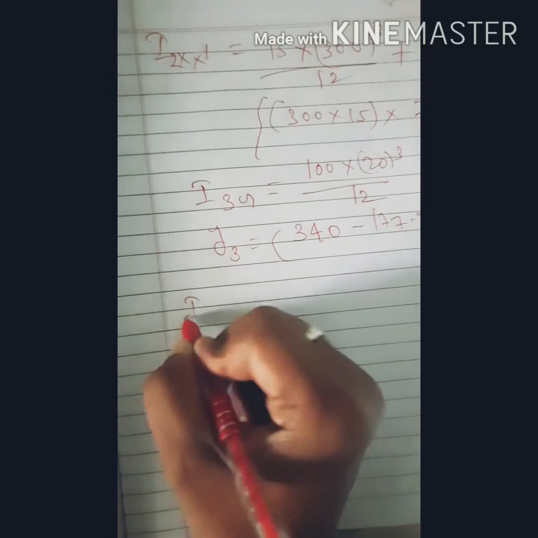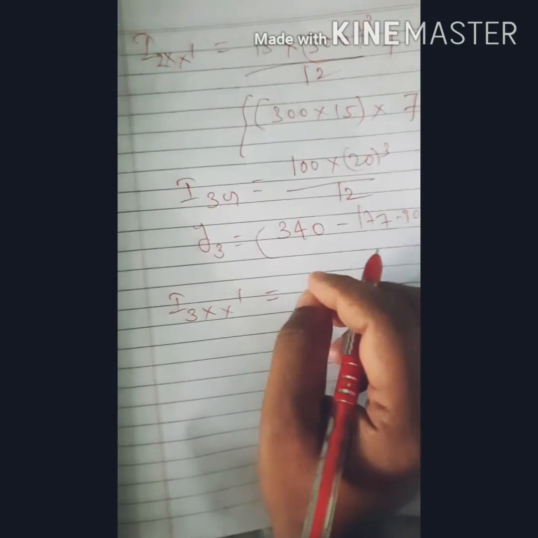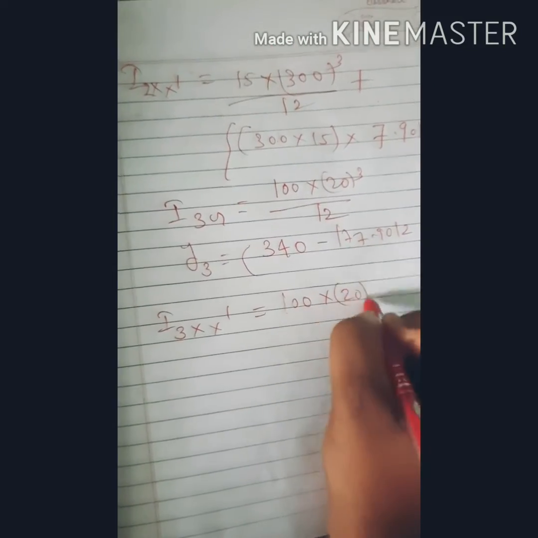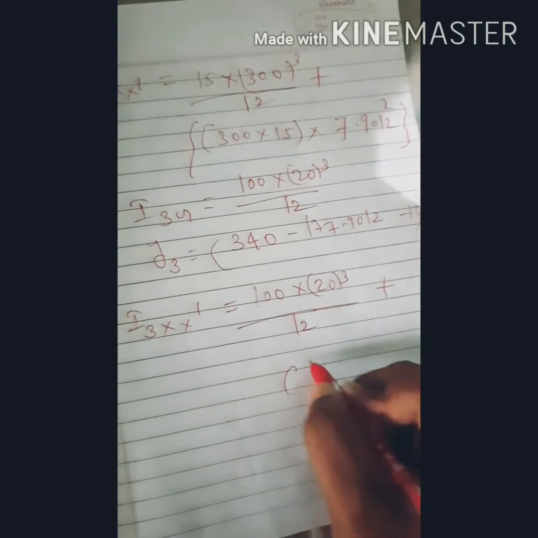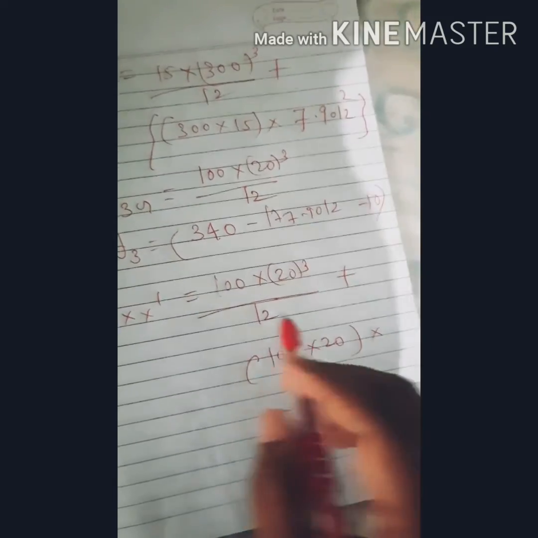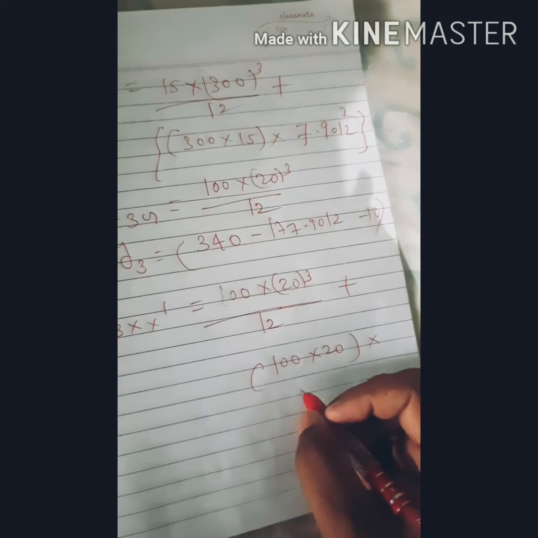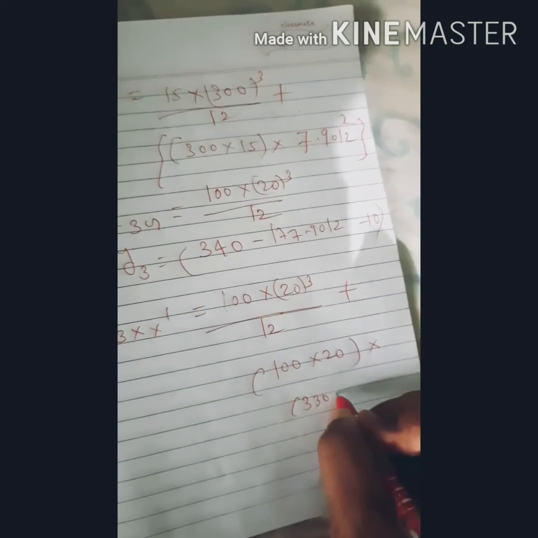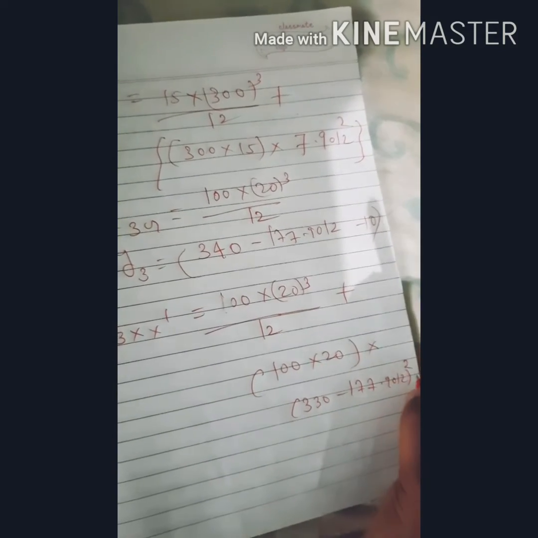Now we will find the moment of inertia of the third section about the center of gravity of the I section, using the parallel axis theorem again: bh cube by 12 plus area of the third section, 100 into 20, into the square of the distance between the two parallel axes, that is 330 minus 177.9012 square.